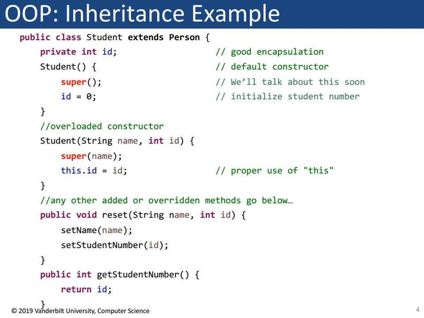And then we're calling super, which is going to be a call to the person constructor, as well as calling the person constructor from our parameterized constructor method. More about this coming up in a few slides. And then we also had methods for resetting a student's name and ID and getting the student's ID. So these are the mutator and accessor methods for this student object.